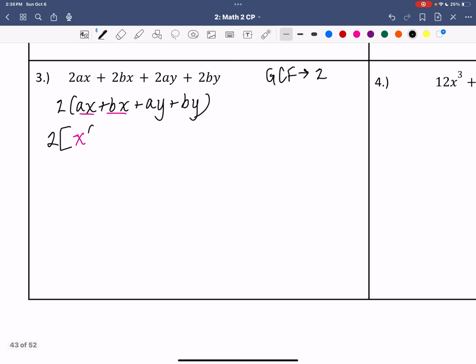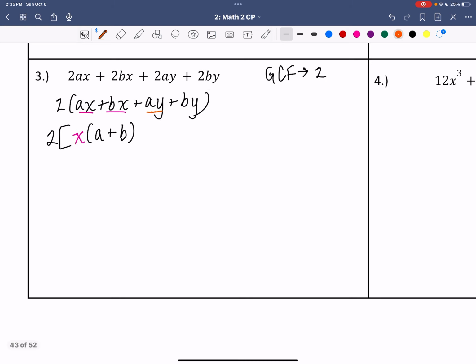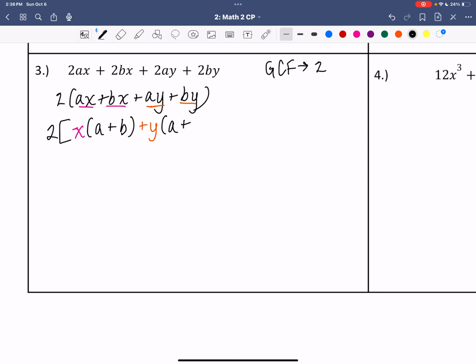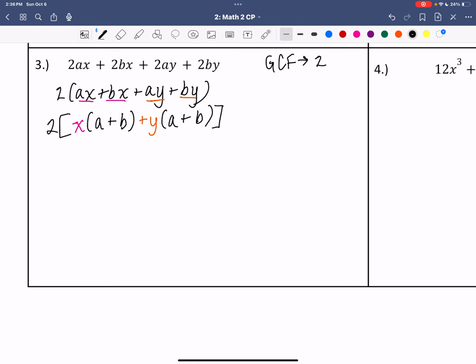Now for this section here, I'm going to factor out an x. If I divide ax by x, I'm left with a. If I divide bx by x, I'm left with b. And then let's go here and factor out a y. If you take ay divided by y, you have a. If you take by divided by y, you have b. And then we're going to close it off with the brackets.